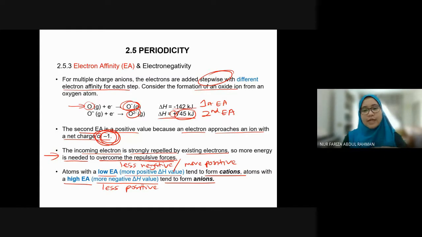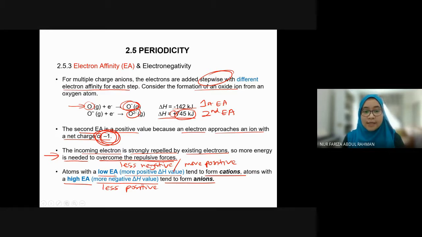Across the period, the effective nuclear charge increases and the attraction becomes stronger, so the higher the electron affinity, the higher the tendency to accept electrons. No wonder EA is high here across the period, because they tend to form ions. The effective nuclear charge also supports this explanation.